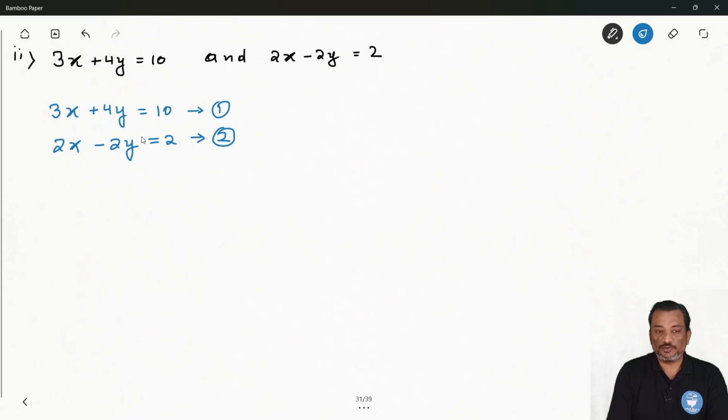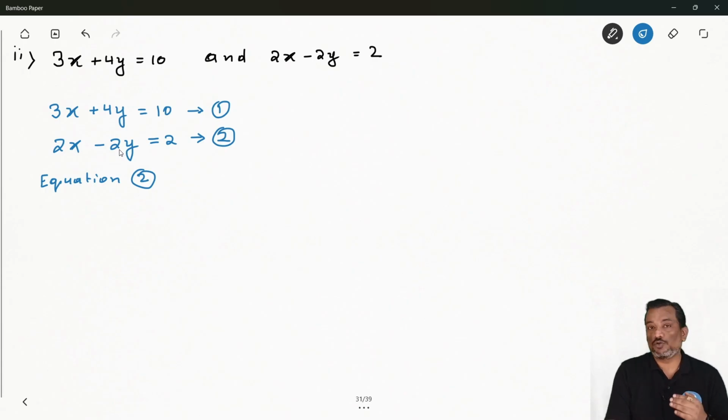Okay. So now here we have taken both the equation 1 and 2. So first we want to eliminate, we have to decide which value we want to eliminate. Okay, we will say we have to eliminate the y value. So if we have to eliminate y value, so what we will do, you can say in equation 1 the y coefficient is 4, and in equation 2 the y coefficient is 2.